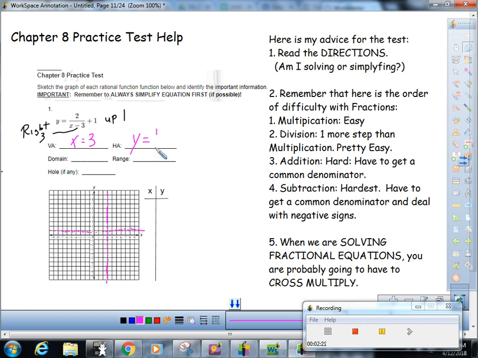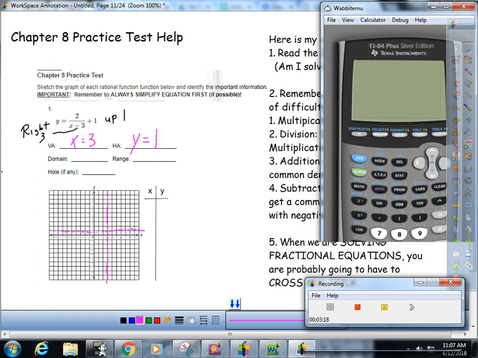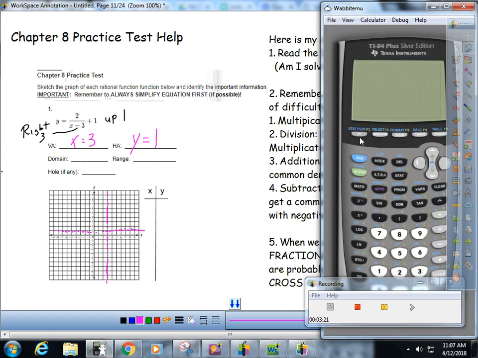Let's graph it now. So y equals 2 divided by parentheses x minus 3.